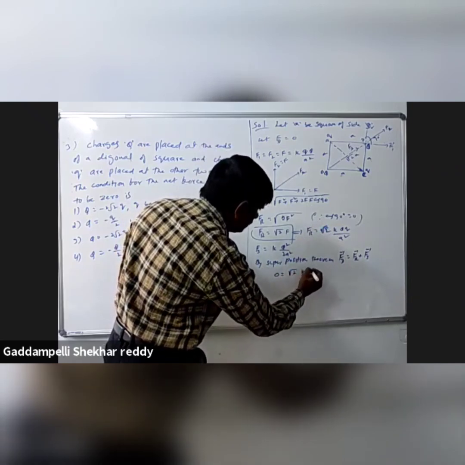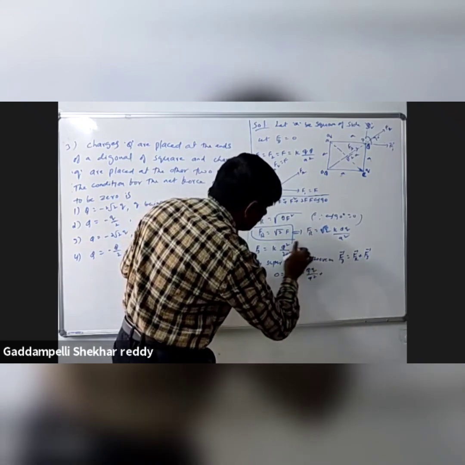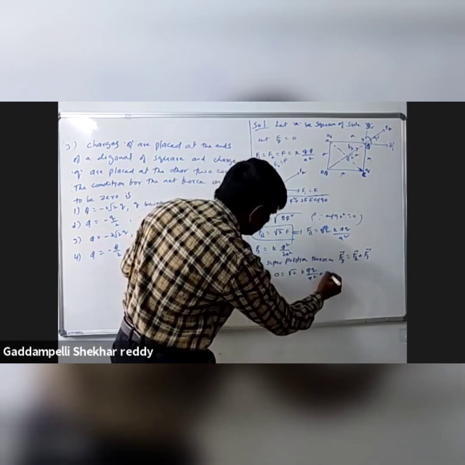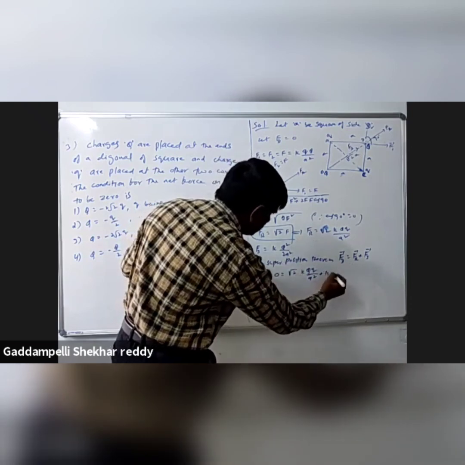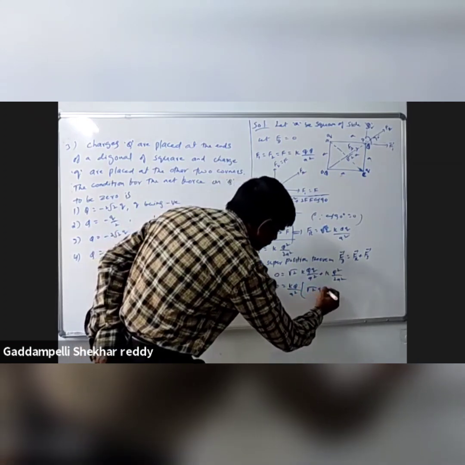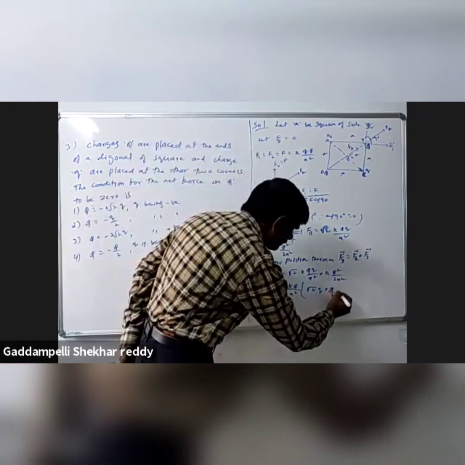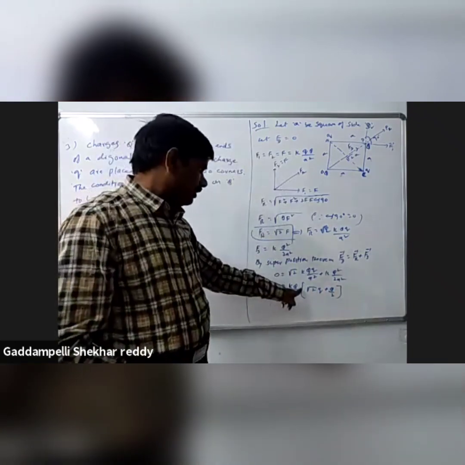Root 2 K Q q by a square, plus the F3 value, which is K Q q by 2a square. So this is the multiplying term, transferred here.